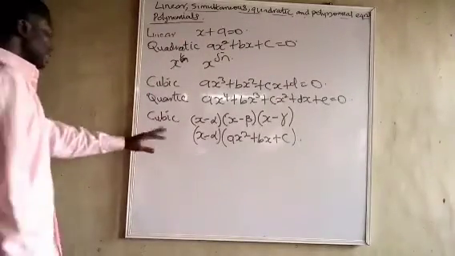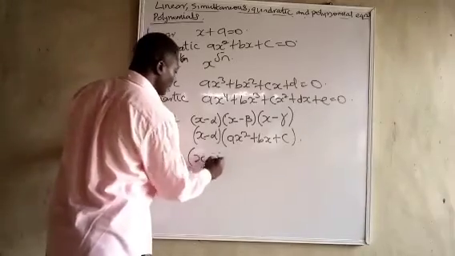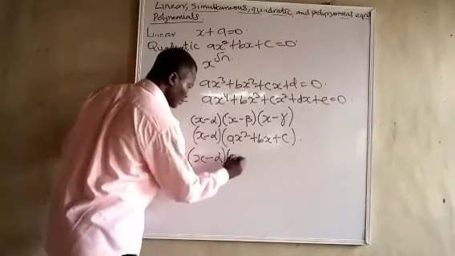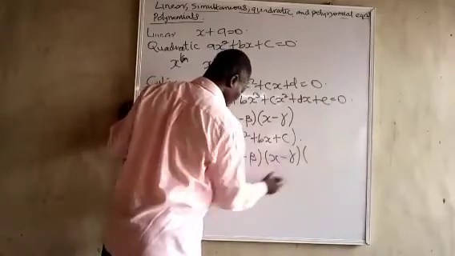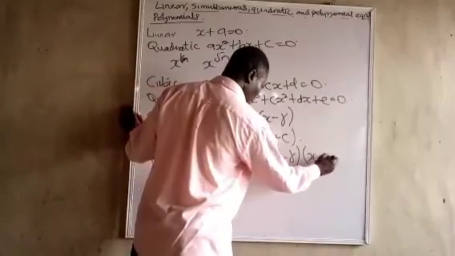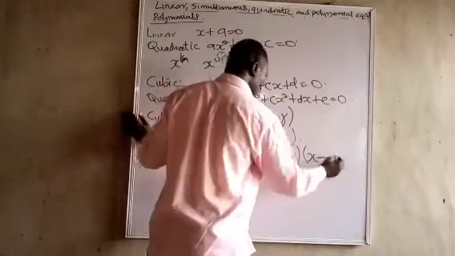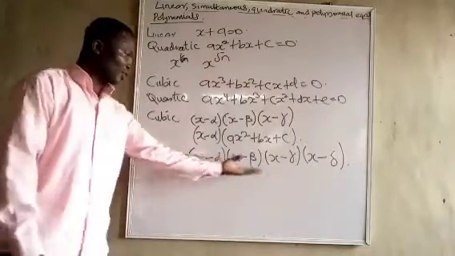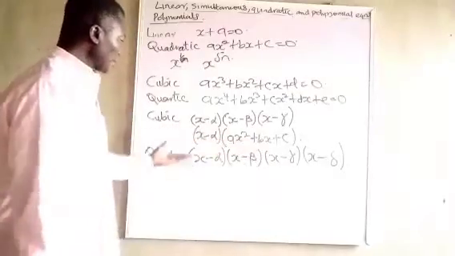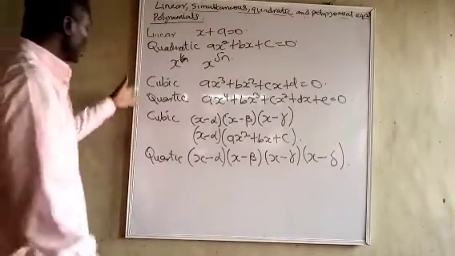However, the same thing applies to quadratic. Quadratic can also be viewed as having roots in this format. And you can also view it as multiplication of two quadratic equations, or multiplication of a linear equation with a cubic equation. That is the simplest way to look at it.